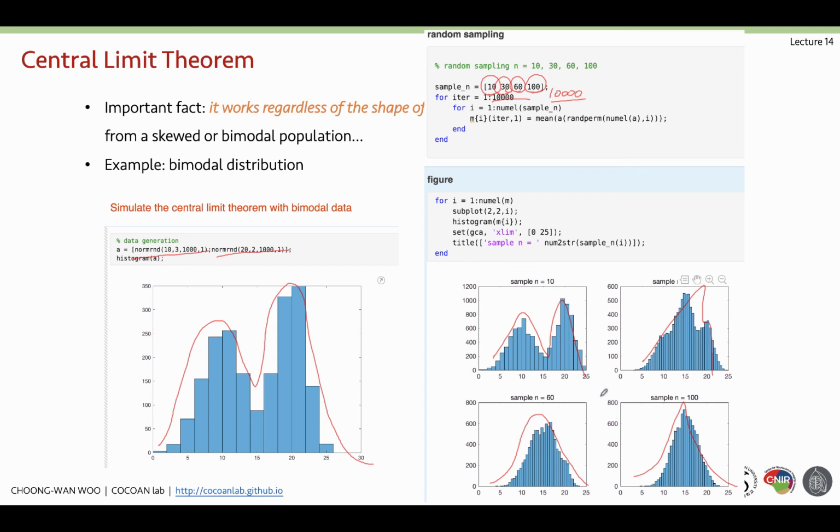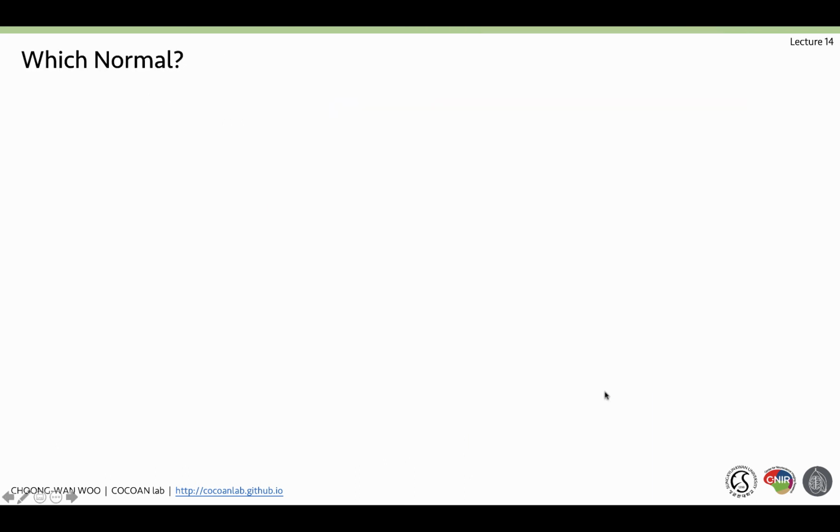But if you have 60 and 100, it becomes a perfectly normal distribution, right? So it works. Whatever the distribution of the original data and population was, the distribution of the mean of samples becomes a normal distribution. This is the magic. Because of that, we can use many different types of statistical methods on the data.